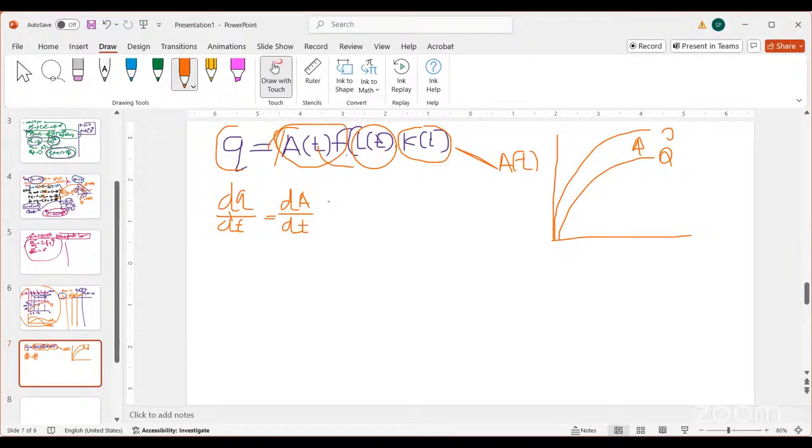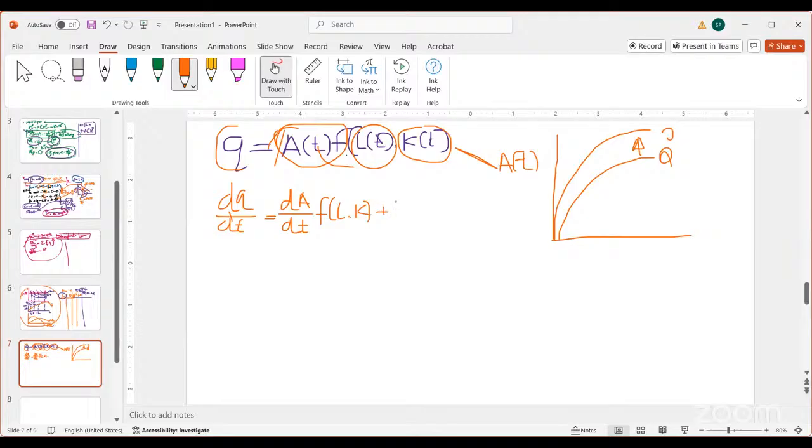Here the L and K are also functions of t. In this case, I am not writing the t, but it has to be inside these two variables also. I drop it here, otherwise I have to write a lot.